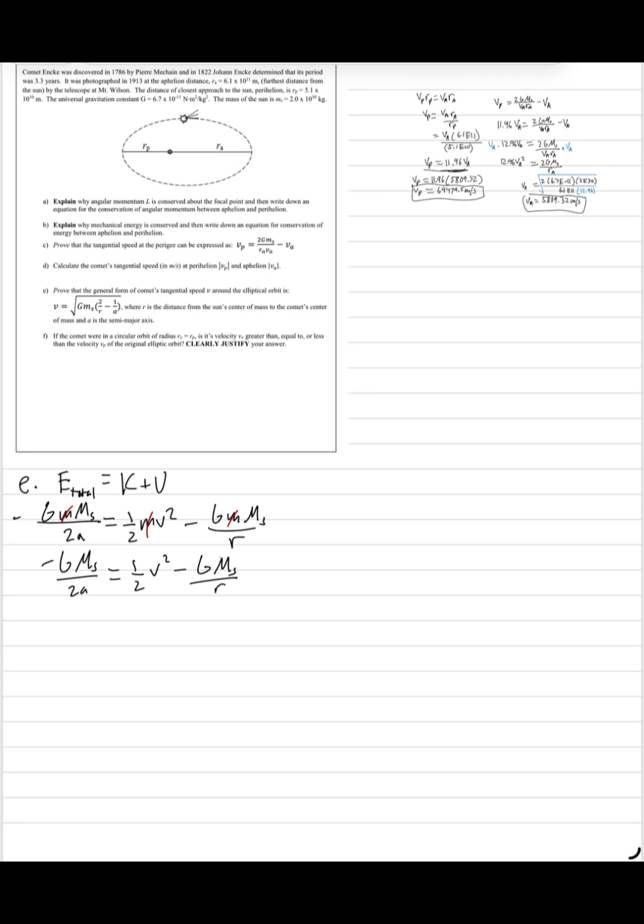I'm going to move the G M S over R to the left side, and I'm going to multiply both sides by 2. So this will have a 2, and this will be gone. Then I'm going to square root both sides.